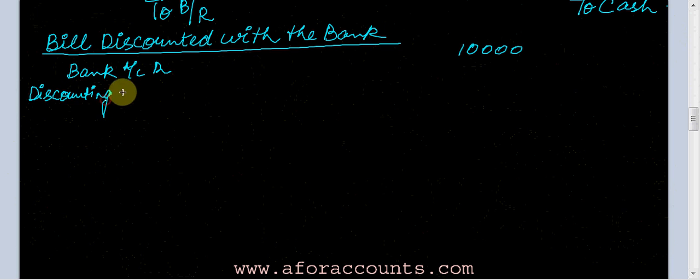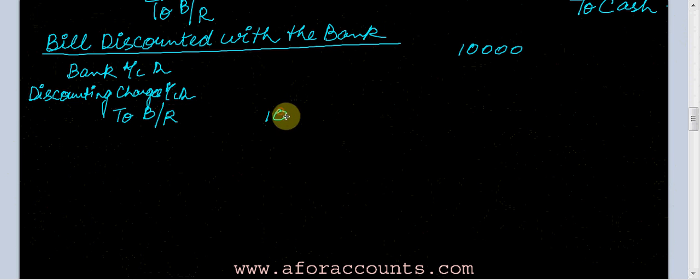So what will my entry be? Money will come into my bank account: bank account debit. Then if the bill is of 10,000, will I get the full 10,000? Then what will the bank get? So some discounting charges have to be debited. They are my expense. Discounting charges account debit to bills receivable.